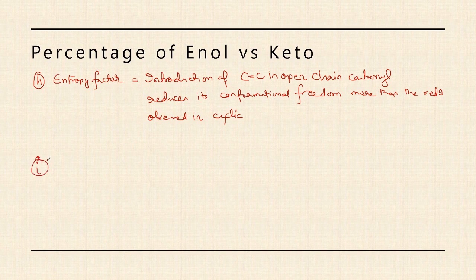Okay, and the last factor, the very last factor in this is the nature of solvent. इसको समझने के लिए we will have to consider the keto form and the enol form.